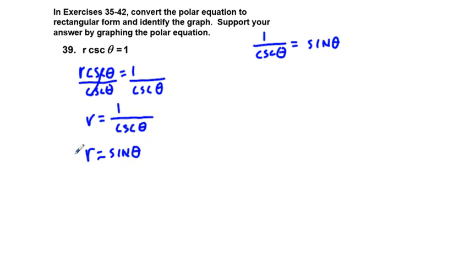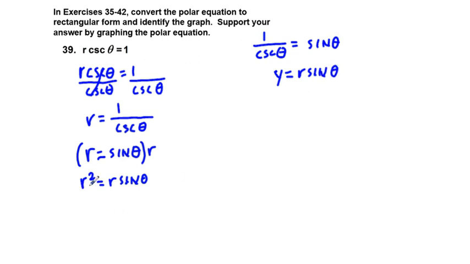And we're also going to multiply this entire equation by r, and for that we get r squared is equal to r sine theta. Well, we should remember, I hope, that y is equal to r sine theta.